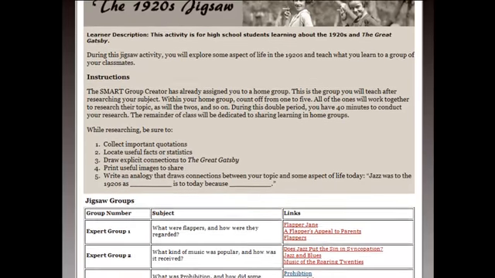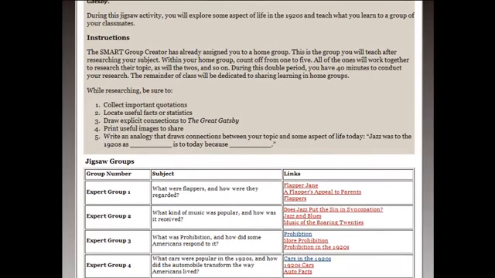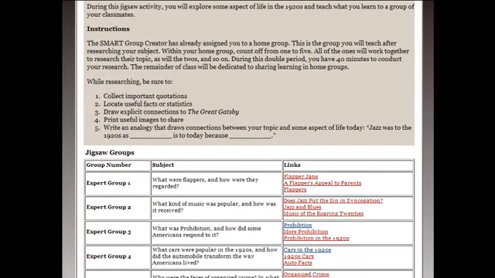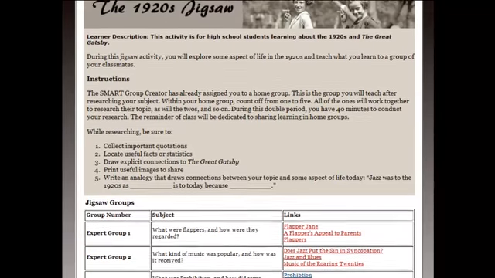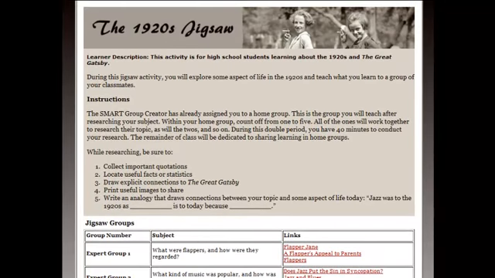The jigsaw asks students to explore pre-selected resources and to teach one another about aspects of life in the 1920s, including flappers, jazz, prohibition, cars, and organized crime. This kind of assignment engages students in collaborative learning and creates a context for reading The Great Gatsby.